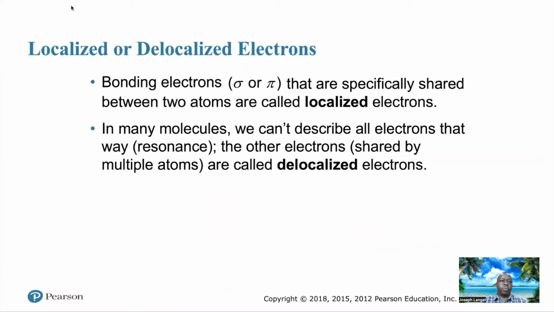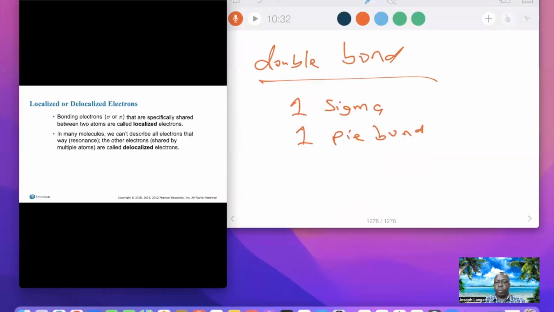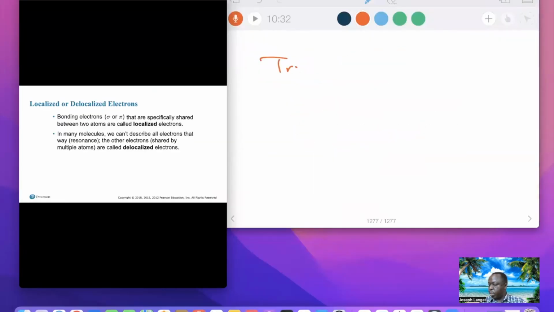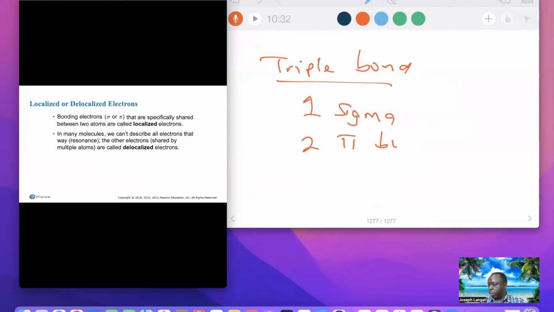Let's see the triple bond. A triple bond is 1 sigma and 2 pi bonds. In pi bonds, there are some delocalized electrons. That means the electrons are not only confined to one atom in the molecule, but can be delocalized.